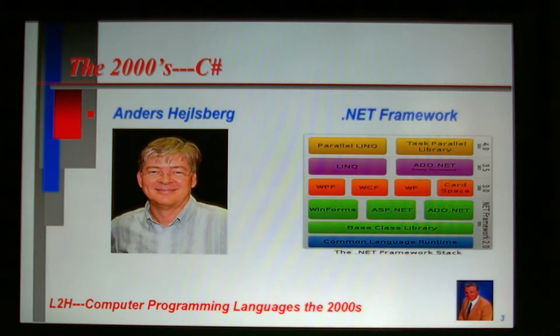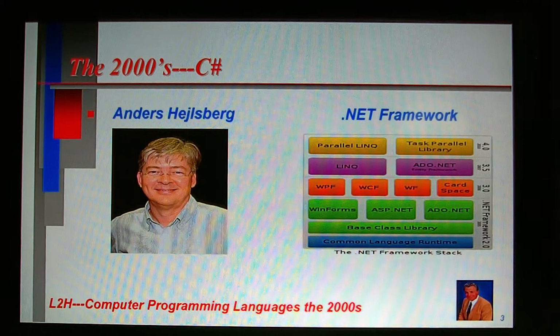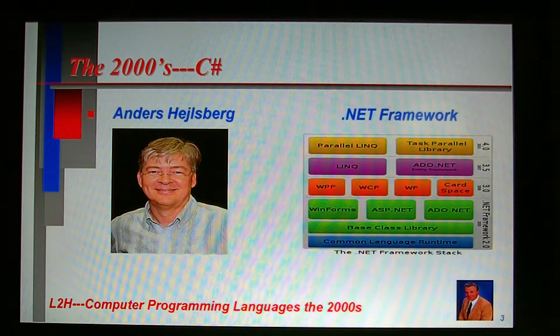C# is just one of the computer programming languages supported by Visual Studio.NET, designed to operate under the Common Language Infrastructure. The Common Language Infrastructure is a major component of the .NET framework.